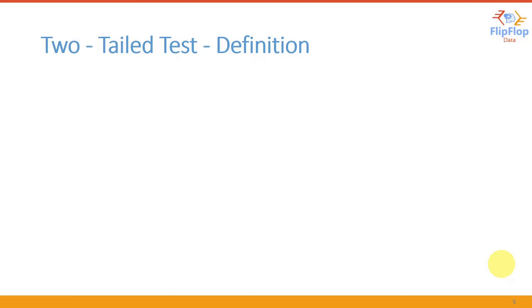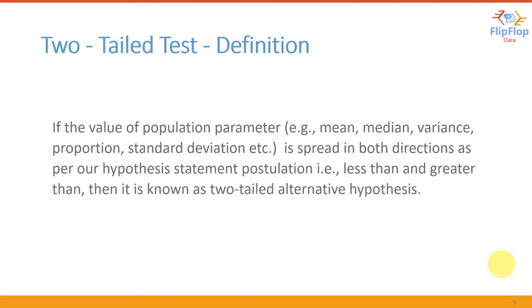If the value of the population parameter, maybe mean, median, variance, proportion or a standard deviation, whichever you feel is relevant as per your requirement, is spread in both directions as per our hypothesis statement postulation, that is less than and greater than, then it is known as a two-tailed alternative hypothesis.